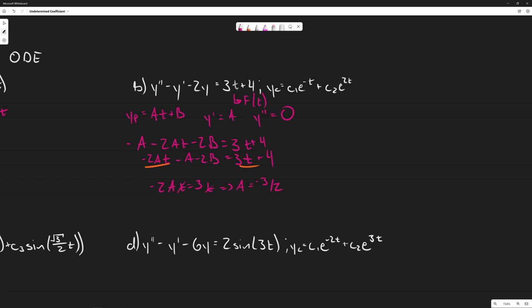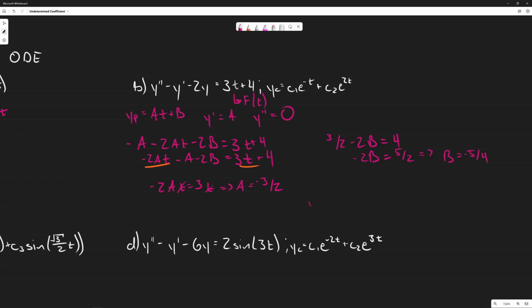We can plug in the other part, substituting it in: 3 halves minus 2b is equal to 4. So our b will be, 4 minus 3 halves is 5 halves, divided by negative 2, so b is equal to negative 5/4.